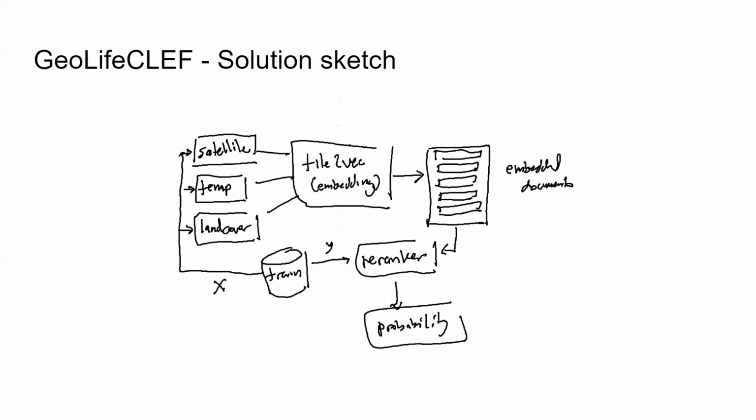So the first sketch at a solution was actually a sketch. I drew this as a kind of joking thing, but you can actually come out with a good idea of what this is all about. So we have a training data set. That training data set is composed of satellite imagery, the raster data. We use this model called Tile2Vec, which is an unsupervised representation learning algorithm that involves triplets of data.